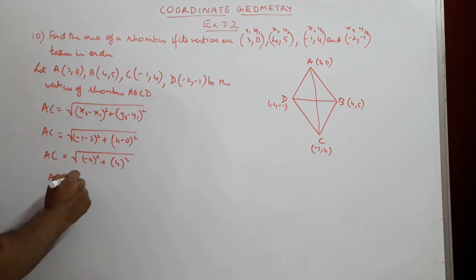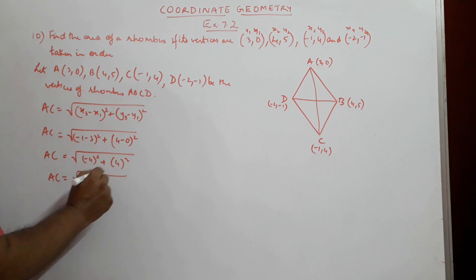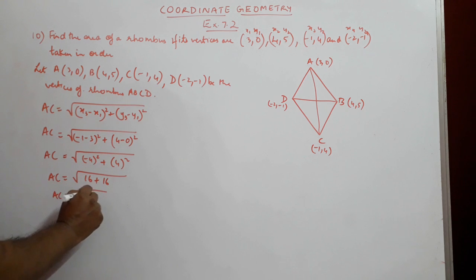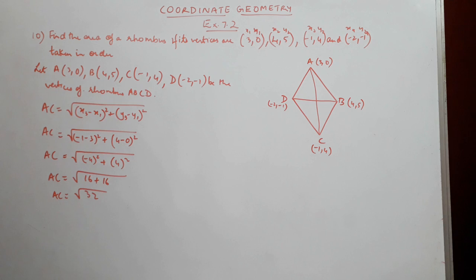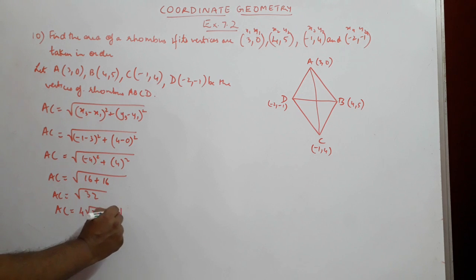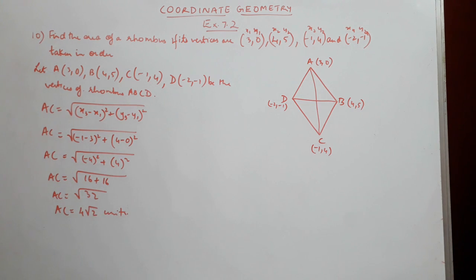AC equal to square root of minus 4 whole square is 16, and 4 square is also 16. So we get AC equal to square root of 32, and this we can further get as 4 root 2 units. That would be the length of AC.